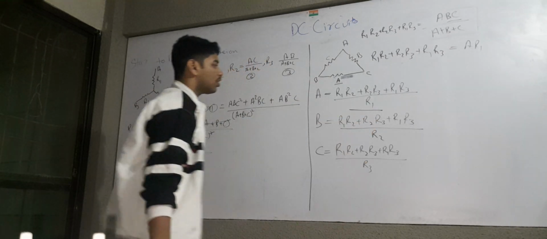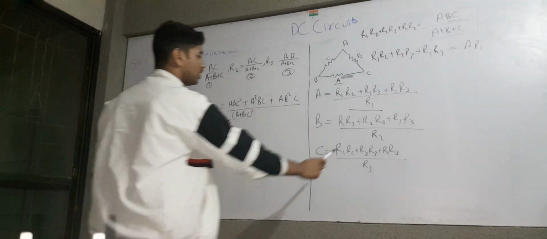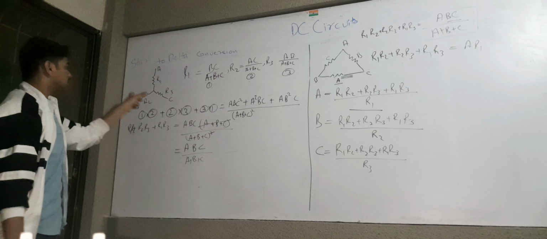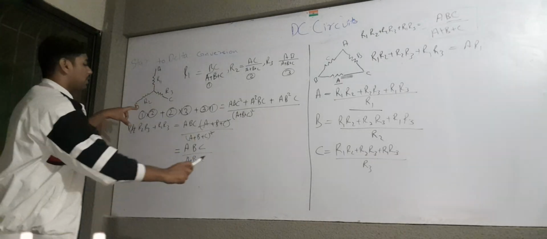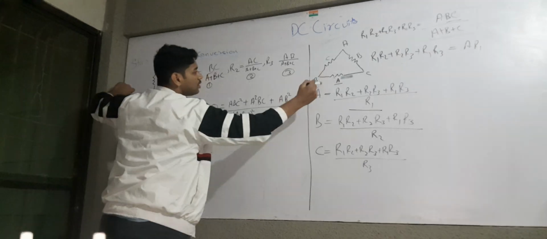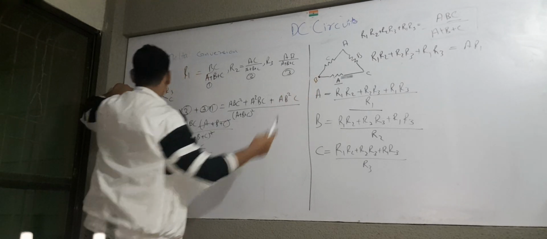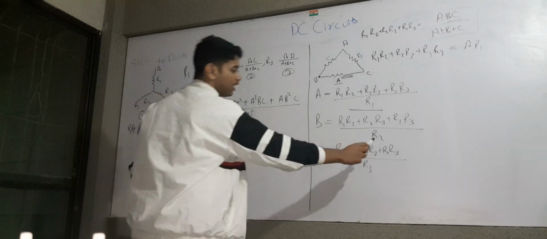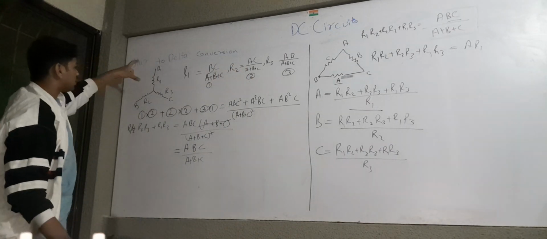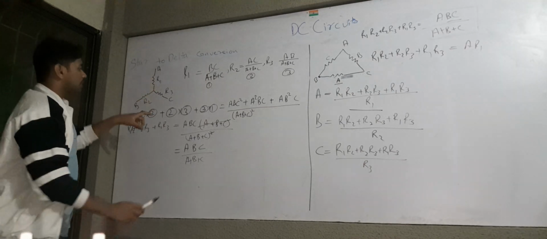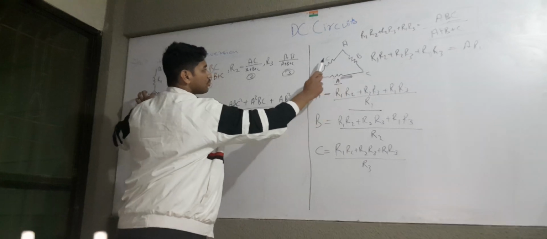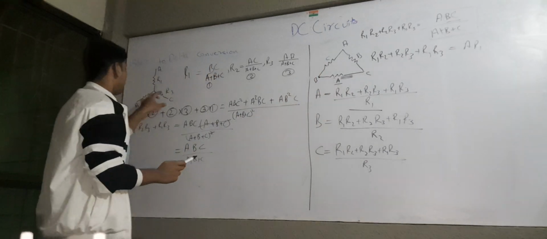So that's how we get resistance of A. Similarly for B, the combination of this and this divided by the branch directly connected to B, and we get R2. And similarly C, combination of this and this divided by the branch that is directly connected to C, which is opposite to this resistance, and that is R3.